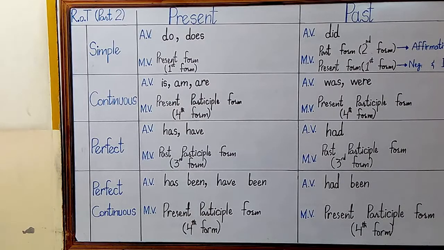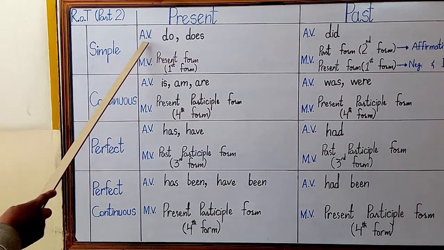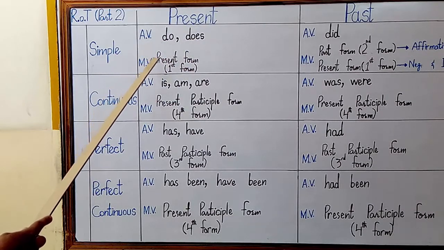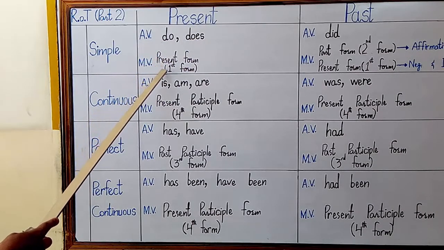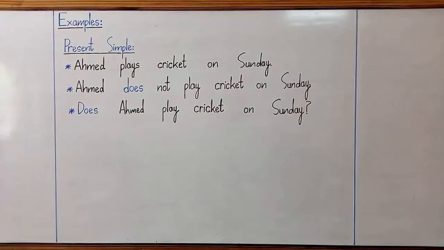In present simple, we use do and does as auxiliary verbs. And we use the present form, which means the first form of the verb. The first example on the board of present simple is: Ahmed plays cricket on Sunday.